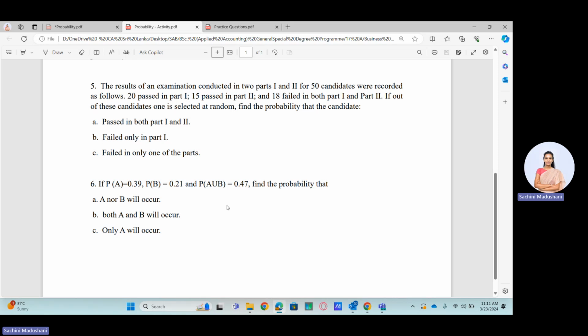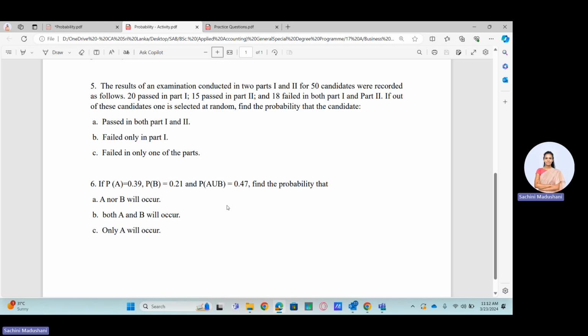A or B means at least one of the events will occur: event A will occur, or event B will occur, or events A and B both will occur. That means "or", the union, means that.